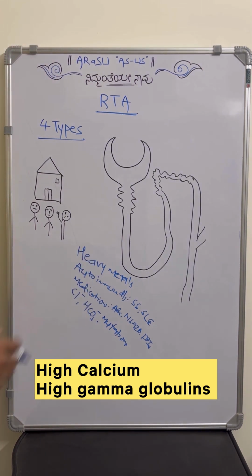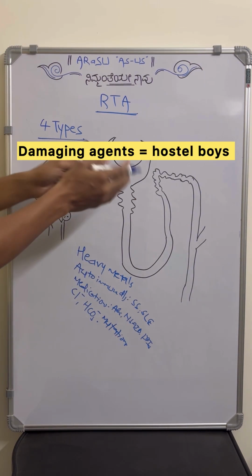So these are a few agents which are trying to damage the hostel, that is nothing but the nephron.